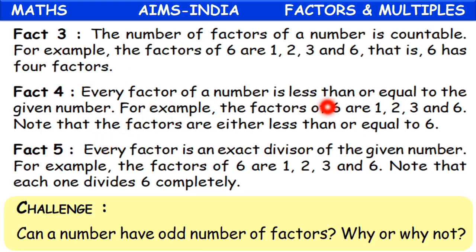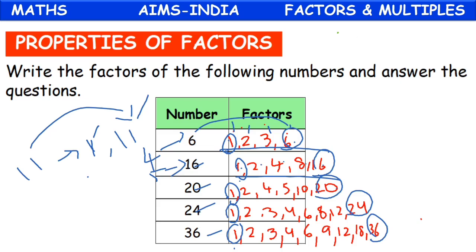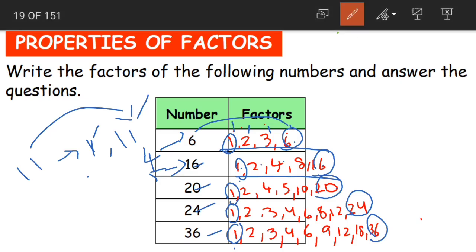Next, every factor of a number is less than or equal to the given number. If we observe the factors, children, 1, 2, 3 and 6. 1, 2, 3 are less than 6 and this 6 is equal to the number.